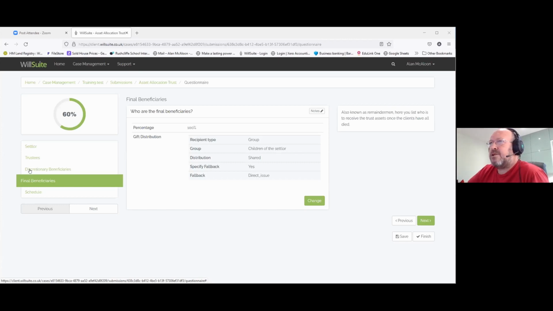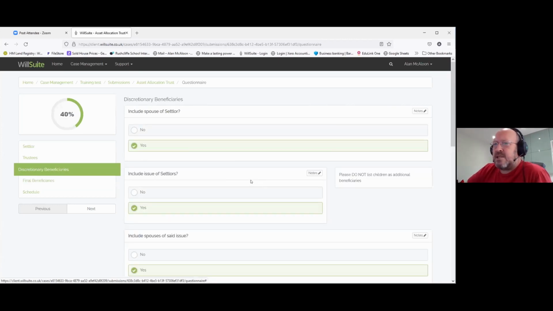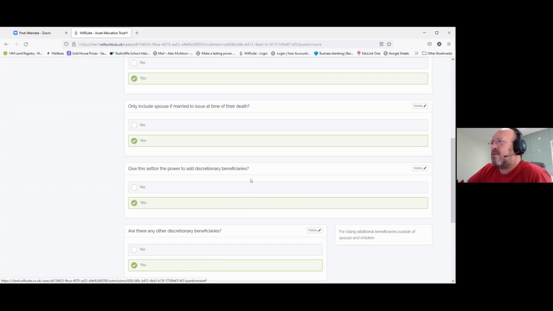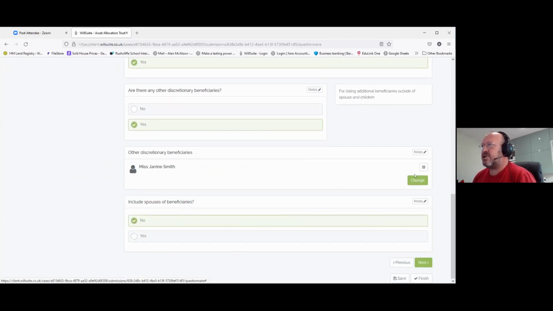So if we go back to discretionary beneficiaries, let's say this was a woman who owned a house on her own, and she wanted to ensure her partner, according to a letter of wishes, was going to have 5 years to live in the house. She would need to make sure she added the partner here because obviously the house is held in the trust.